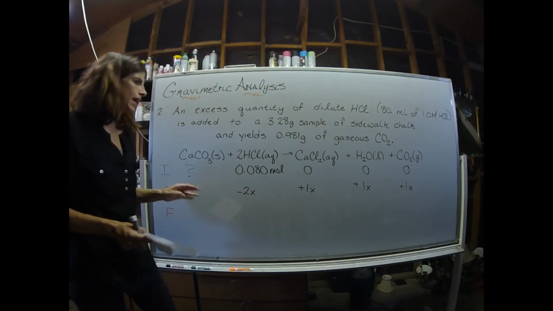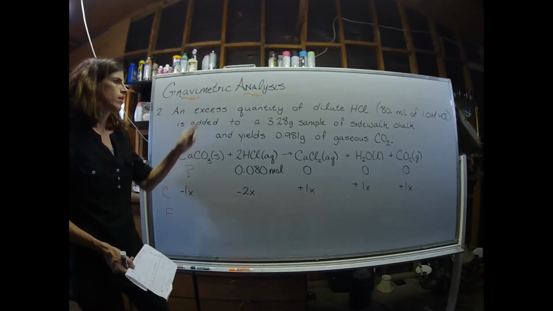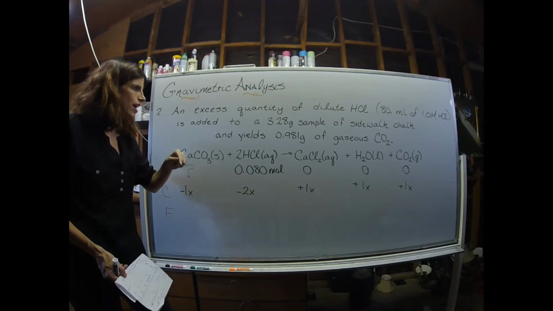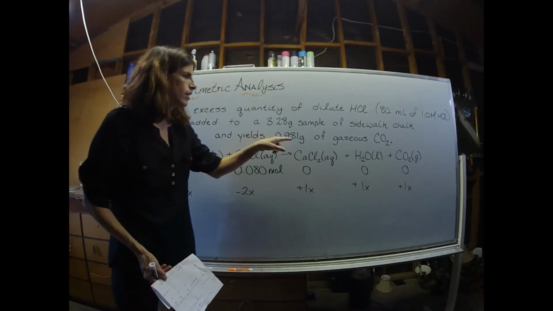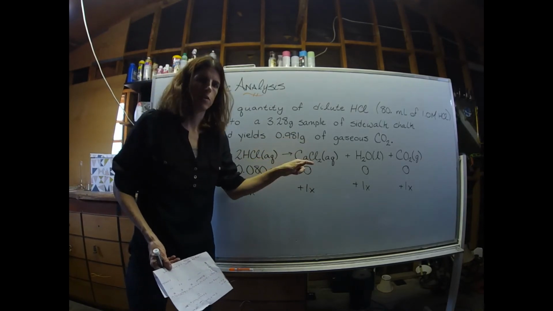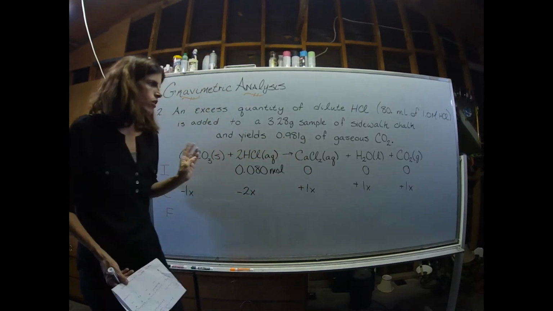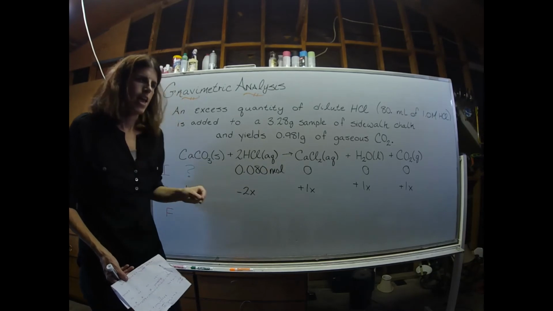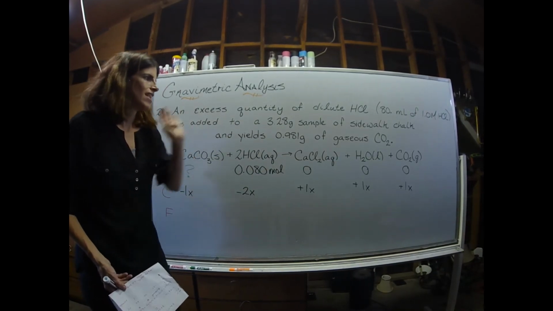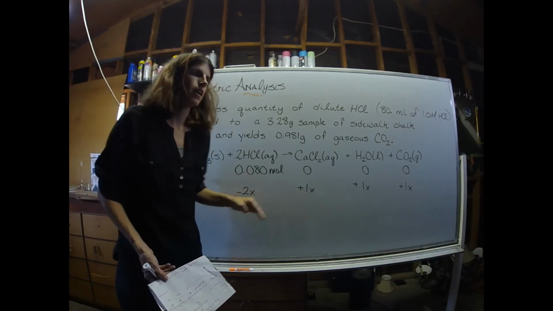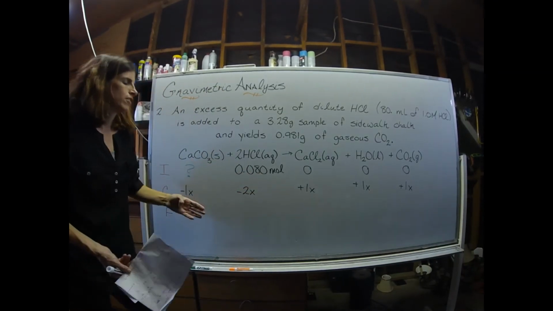Now, looking back at the wording on this problem, it said that when they added the hydrochloric acid to the chalk, it yielded 0.981 grams of carbon dioxide. Yield means produced. And I'm interpreting that to mean that's how much carbon dioxide came out at the end of the day.